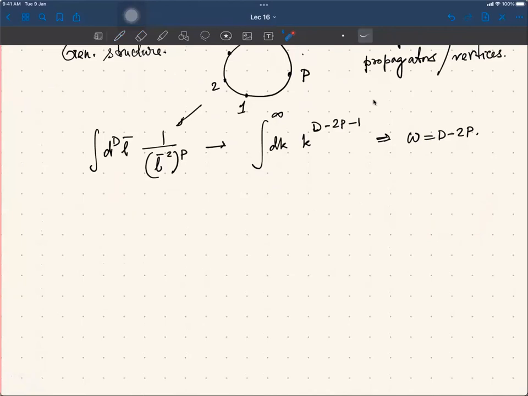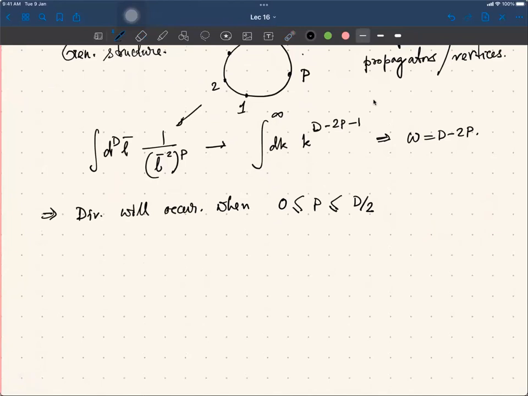So this divergence will occur when p is between 0 and d by 2, right? Then omega will be greater than or equal to 0.